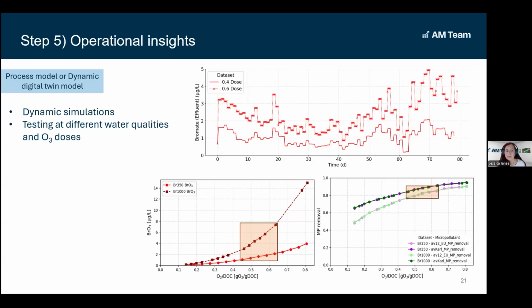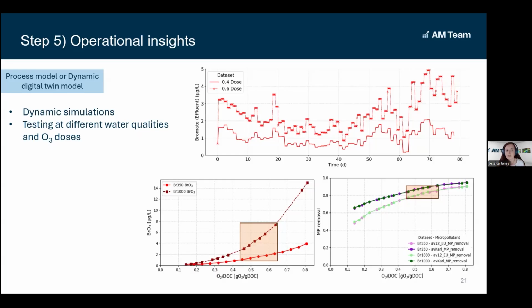And also there might be spikes in bromide at the plant, as Thorsten anticipated. So we wanted to simulate these more than 70 days of dynamic influent. And here you can see the results we performed at different ozone doses. So we wanted to see if we are going for a higher ozone dose, what happens in bromate at a different water quality.